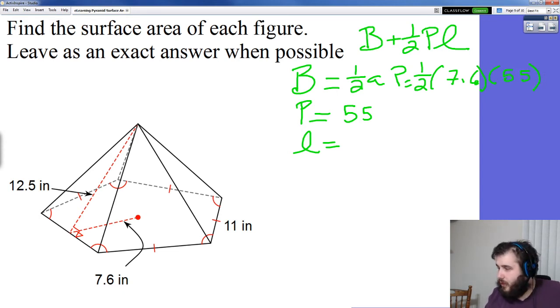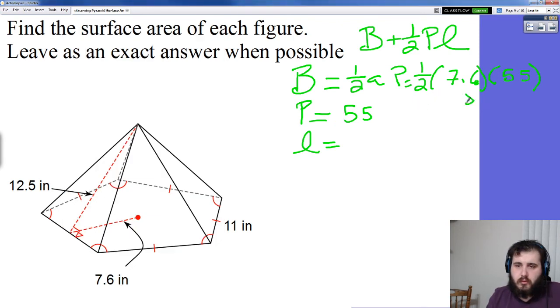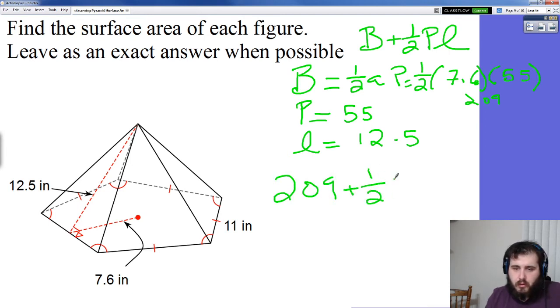And then, do it right, yeah, 209. And our slant height here, they give it with the arrow, 12.5. So we got 209 is our area of the base. Perimeter is 55. Slant height is 12.5.